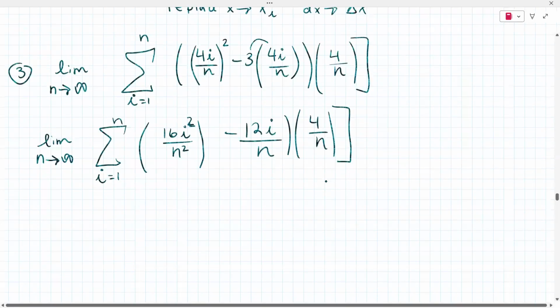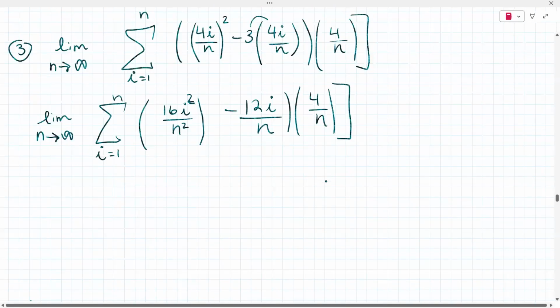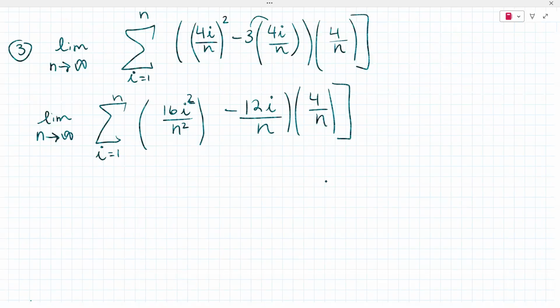Okay, then you're going to have to FOIL this out. Visually, just FOIL 4 over n by 16i squared over n squared. Let me write this out. It's going to be the limit as n approaches infinity of the sum from i equals 1 to n.